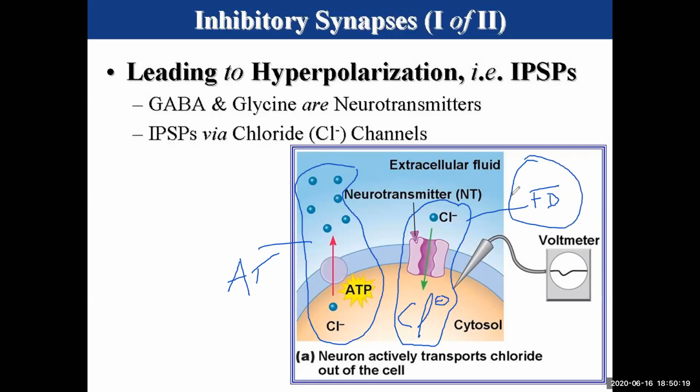This is driven by the concentration gradient of the chloride being more on the outside, which drives it in. But this one requires cellular energy. So this is active transport versus passive transport. Right? Passive transport. A specific example of passive transport, facilitated diffusion.